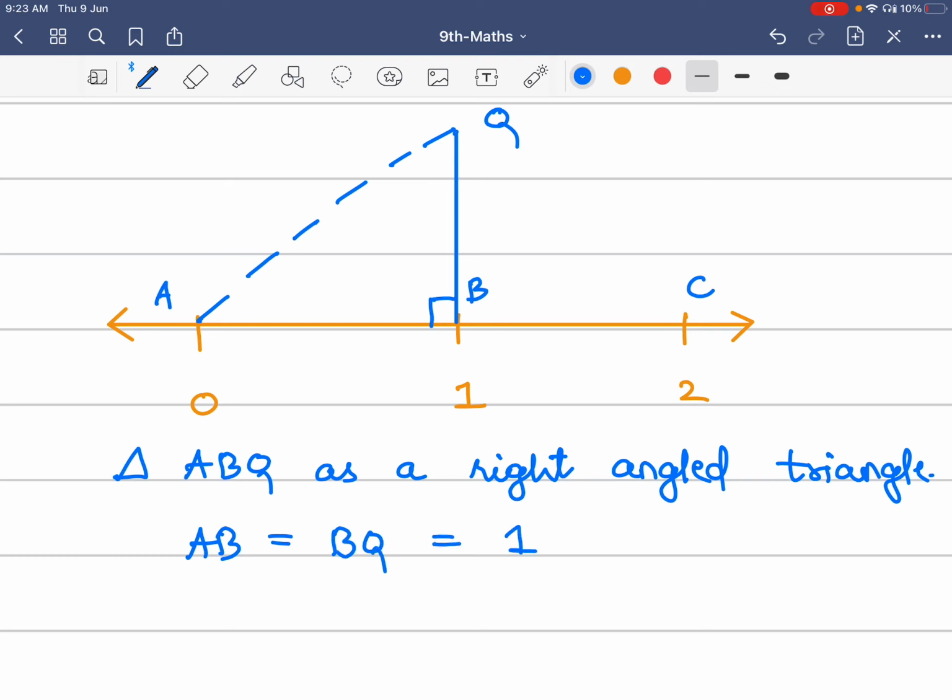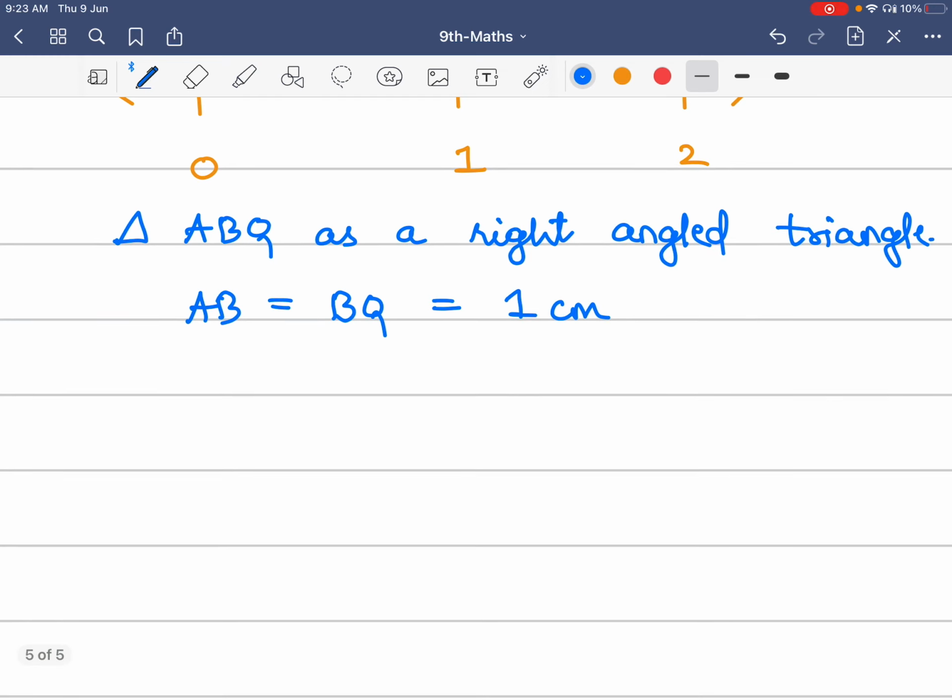They are of length 1. So the unit doesn't matter. You can write here 1 centimeter, or 1 meter, or 1 millimeter. It doesn't matter. Just for the sake of easy understanding, we'll assume it's 1 centimeter.